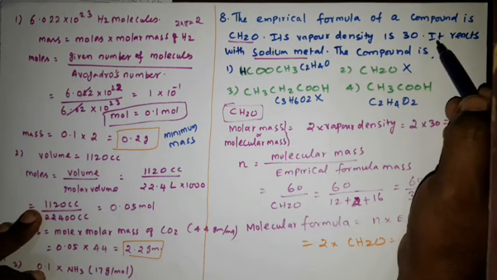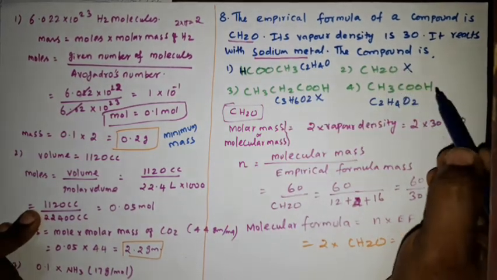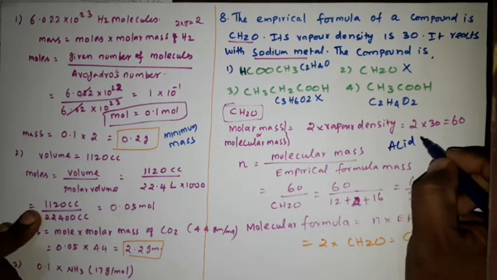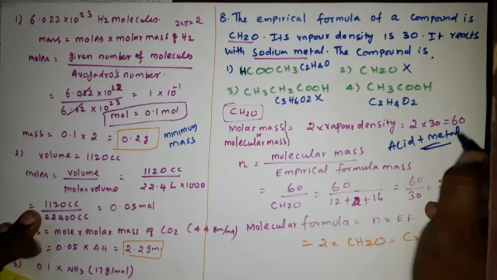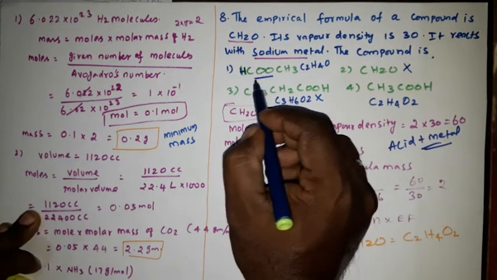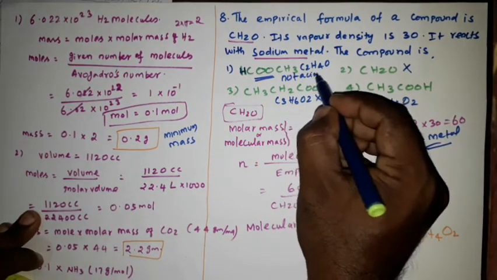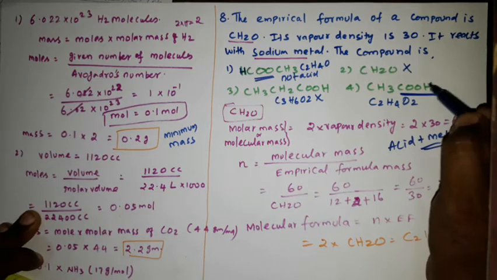Here one more point is given. It reacts with sodium metal. So generally acids can react with metal. See, this is ester. Actually this is not acid. The COOH is the acid. So that acid you can find out.